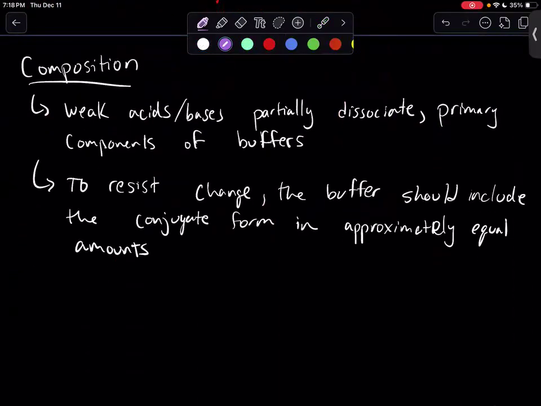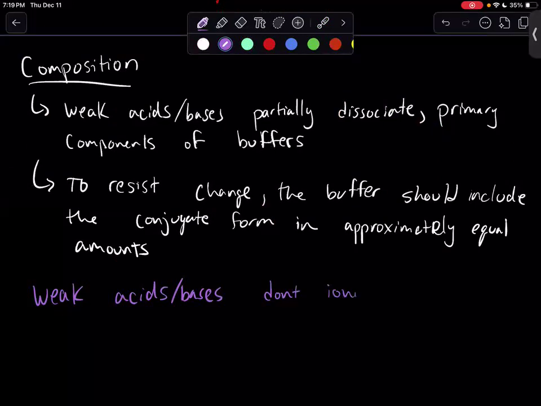So as we mentioned, weak acids or bases. I'm going to usually refer to acids in this as we're going to look at acidic buffers and basic buffers, but it's still pretty much the same. But weak acids and bases don't ionize enough to effectively buffer.